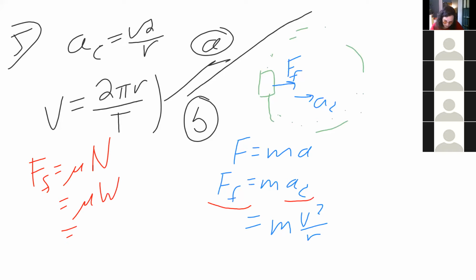So the force of friction in this problem is just mu mg. And so when you plug that in right here, then you can cancel out your mass from both sides.